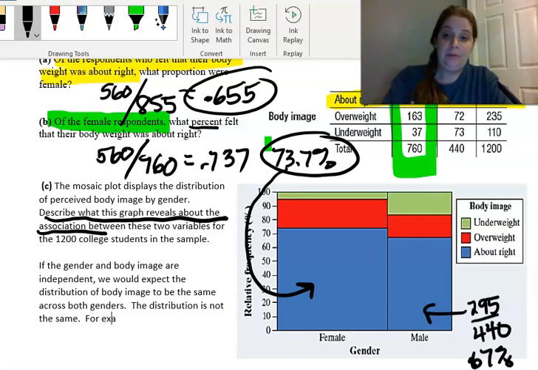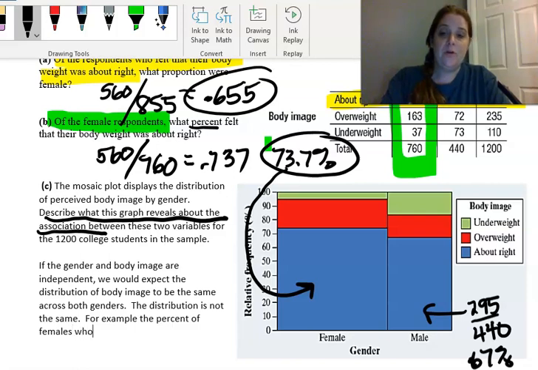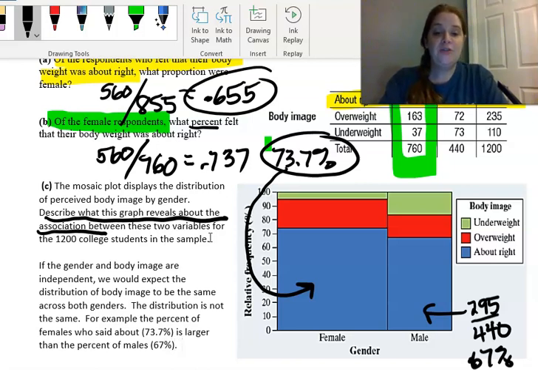For example, the percent of females who said about right, which is 73.7%, is larger than the percent of males, 67%. Okay. Just for the sake of time and space, I'm not going to type this in, but I would probably talk about those other categories as well.